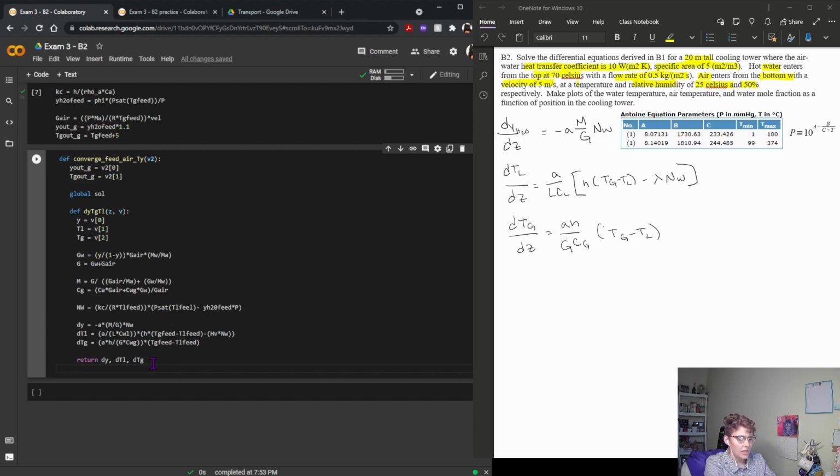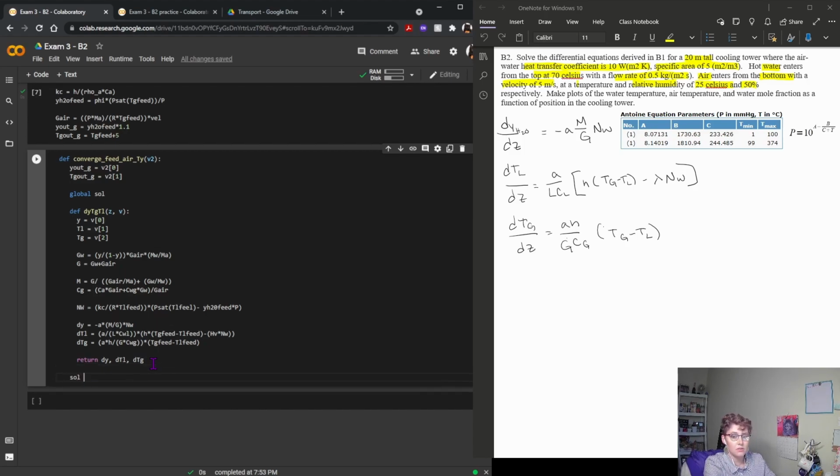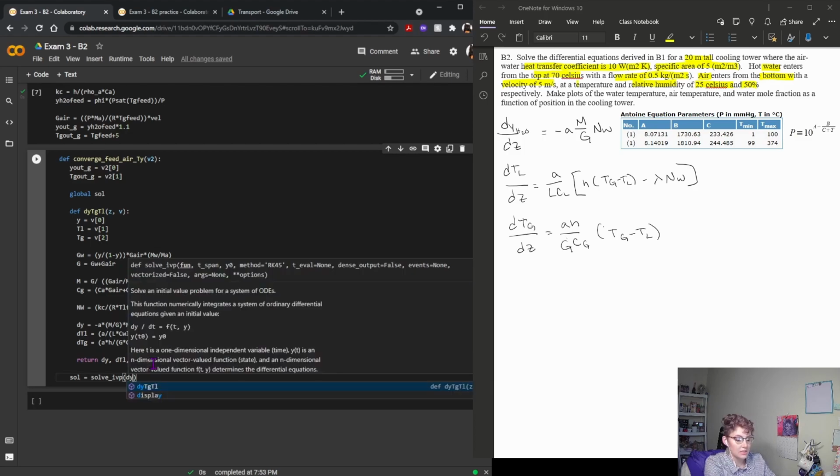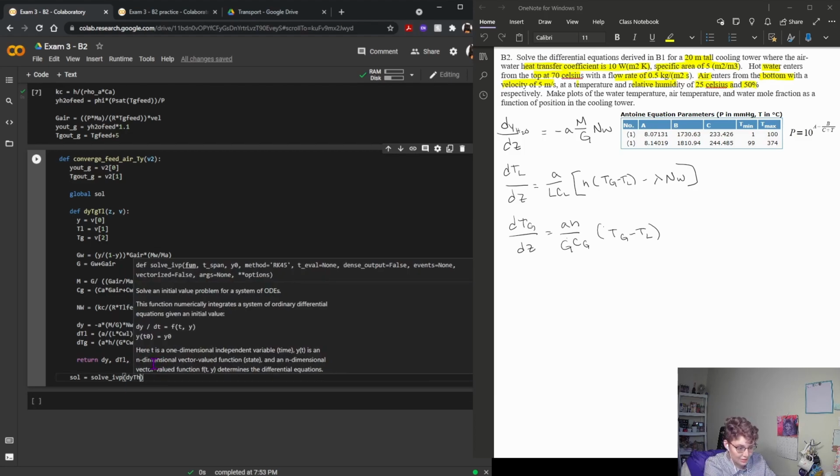It's supposed to be back. And then, so we can define sol as our solve_ivp function. We want to use the dytgtl function that we defined earlier within this one.